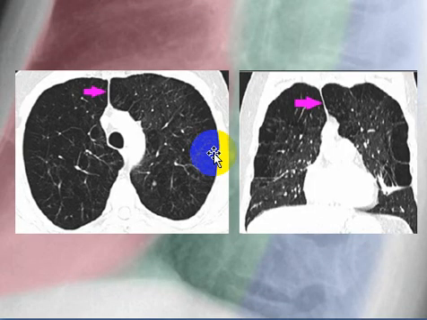Here is the CT scan of a patient, axial and coronal cuts, with an anterior junctional line, as we see it here.